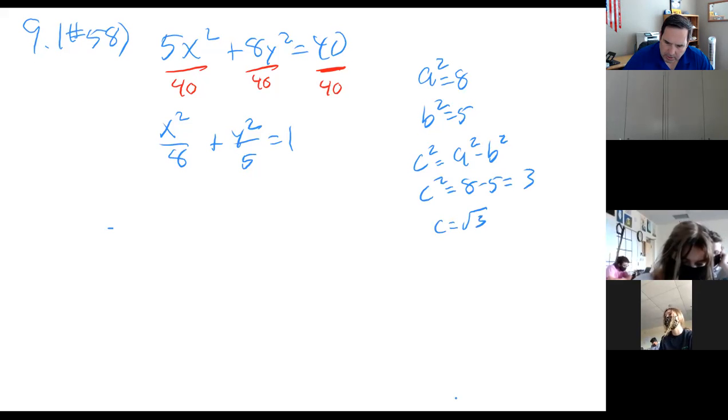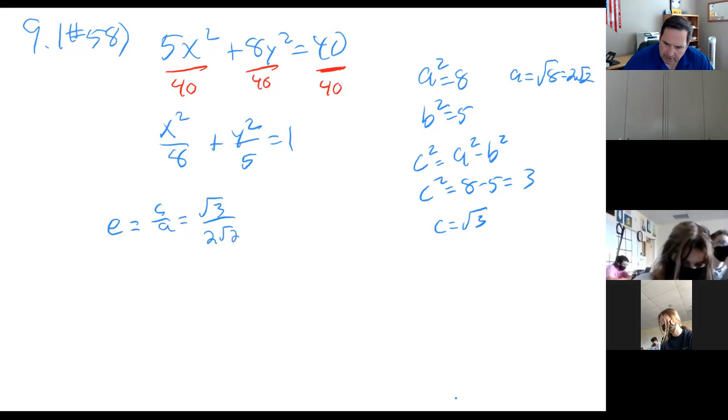Now our eccentricity is going to be equal to c over a. So that's going to be the square root of 3 over a. a squared is 8, so a must be the square root of 8, or 2 root 2. So it's square root of 3 over 2 root 2.